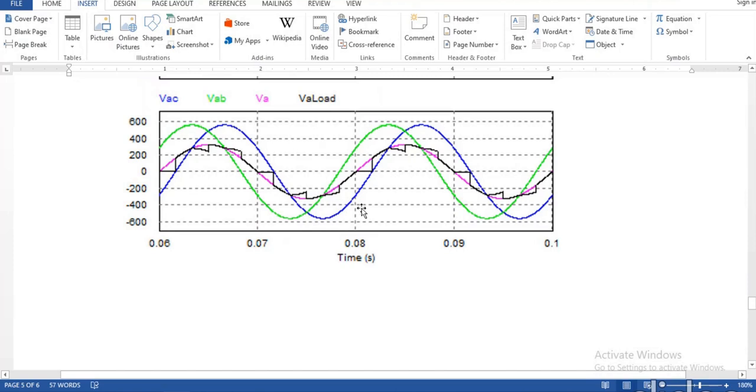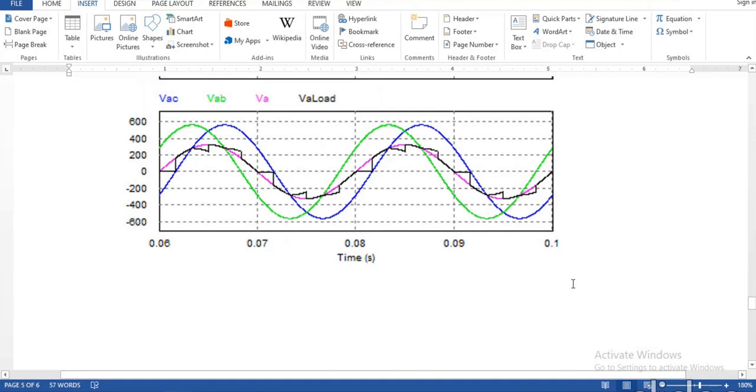Whenever the firing angle is very, very low, under such a condition you would normally see line voltage and phase voltages appear alternately across the load voltage waveform.